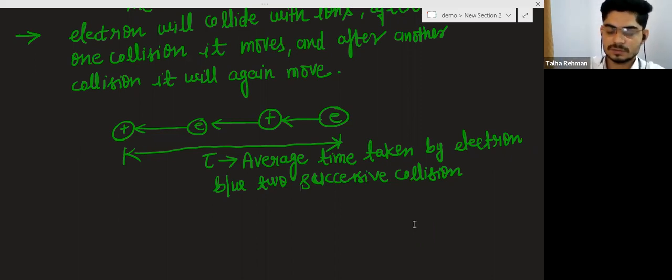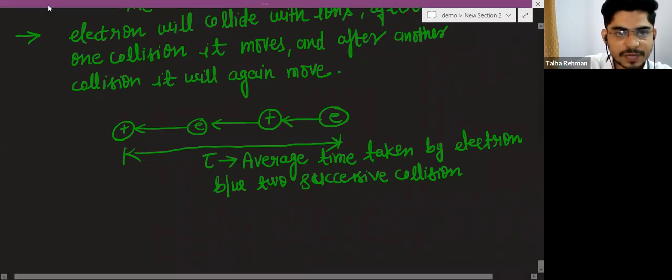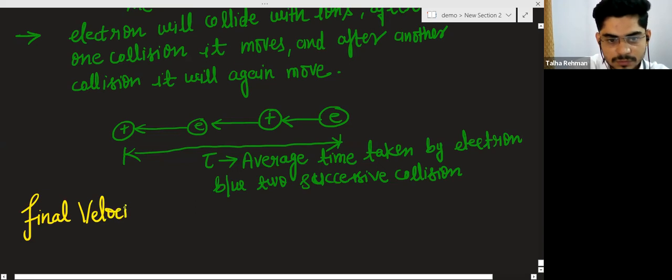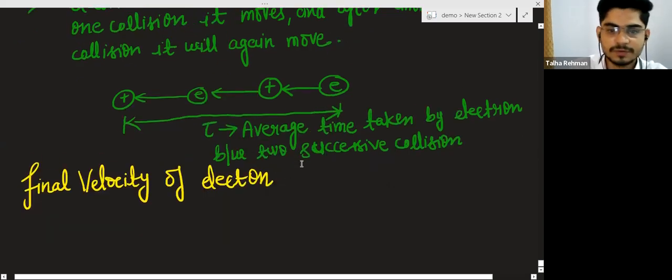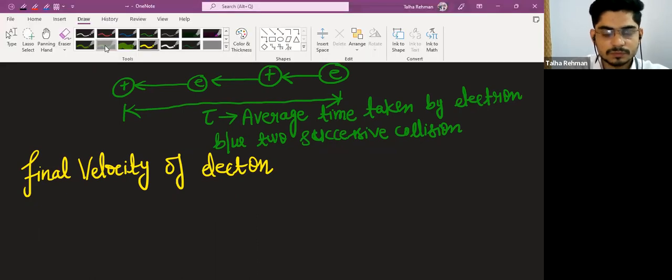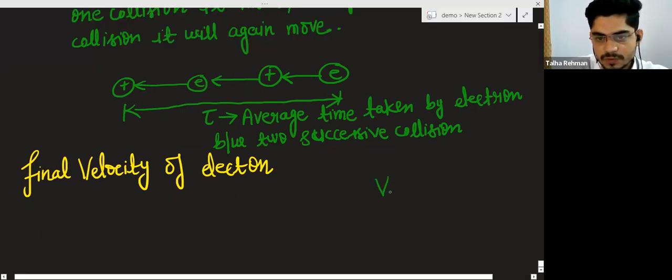So if I want to calculate the final velocity of the electron, we have this formula also: final velocity is equal to initial velocity plus acceleration into time. Yes, sir.